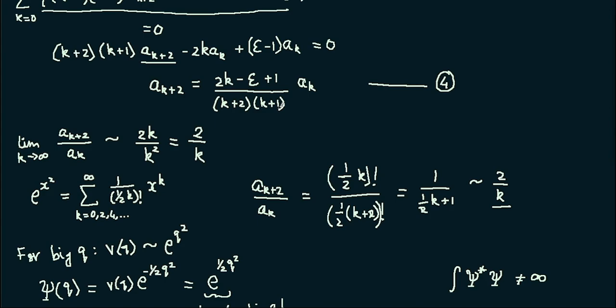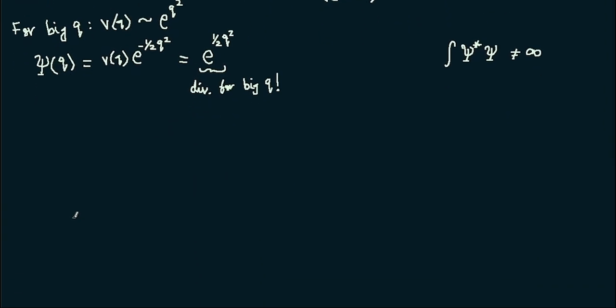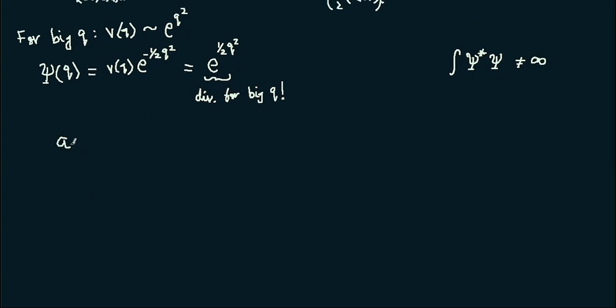What this means is that, well, let's write down this recurrent series down here. We had that a_{k+2} is equal to (2k + 1 - epsilon) over (k + 2)(k + 1) times a_k.